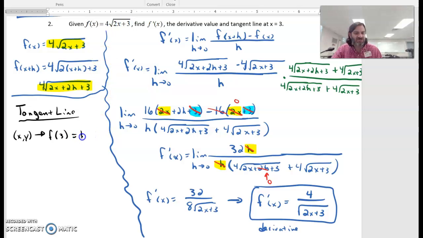It looks like it'd be 12. So my point (x, y) is (3, 12), and my slope will be f prime of 3, which looks like it will be 4/3 if I plug that into my derivative, 4 over the square root of 2x plus 3. So I'm using m equals 4/3.